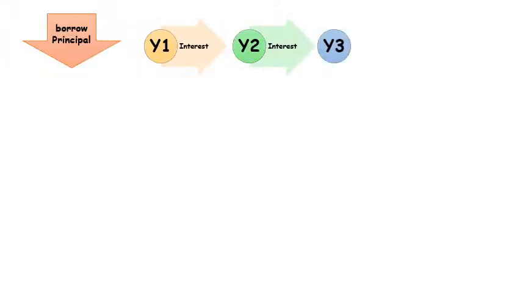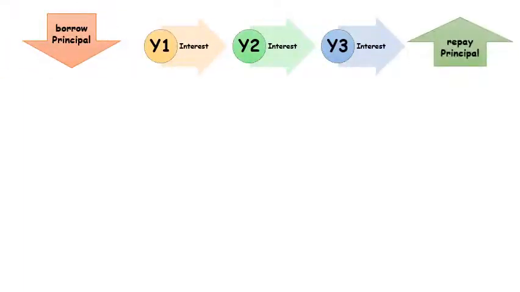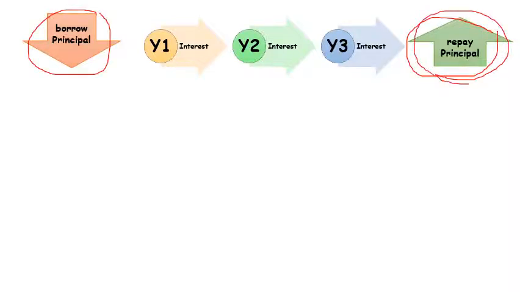The borrower will pay periodic interest over the term of the loan, and at maturity he or she will repay the principal. So the value borrowed today will be repaid at maturity, the same value, and over the term of the loan, the borrower will pay periodic interest.